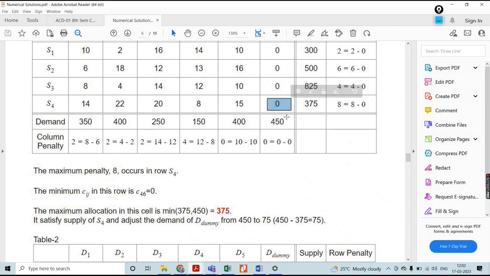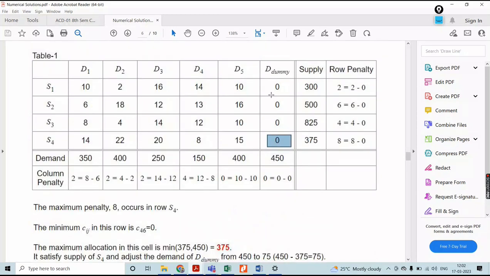This dummy column is 0. 0 is also a least value, so that 0 also you can consider. If this dummy column is not there, the least value is 8 and you allocate for this only. Now, with the 0 as the least value, I'm going to allocate for this.